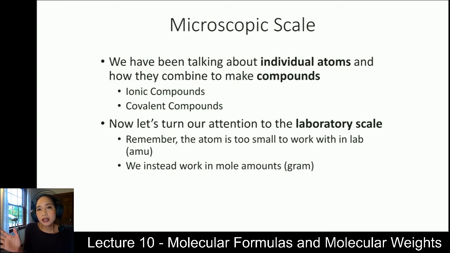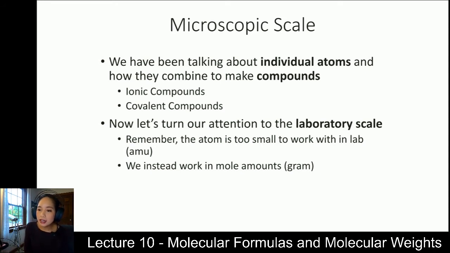So, like in one of the previous lectures, our laboratory scales aren't sensitive enough to detect single atoms. They are also not capable of detecting single molecules because molecules or compounds are made up of just a handful of atoms.